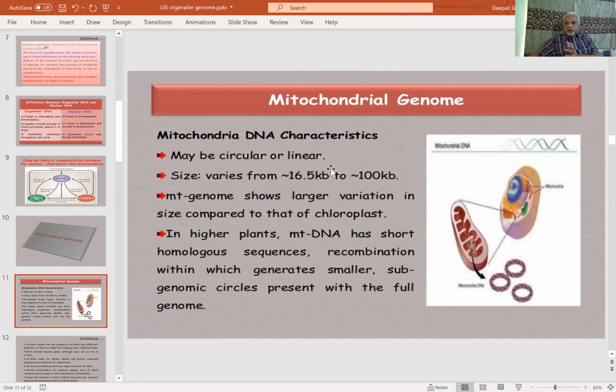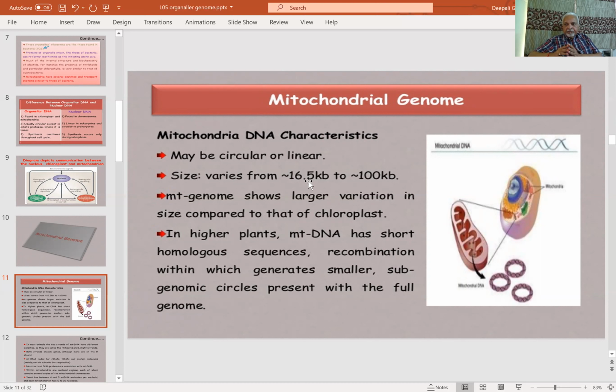The size also varies from lower to higher eukaryotes, from 16.5 kb to 100 kb. This kind of variation is seen more in mitochondrial DNA as compared to chloroplast DNA. So the mitochondrial genome shows more variation in size as compared to the chloroplast genome.